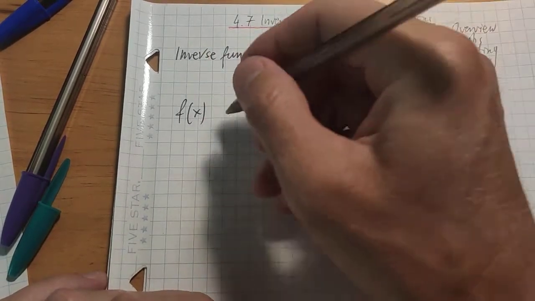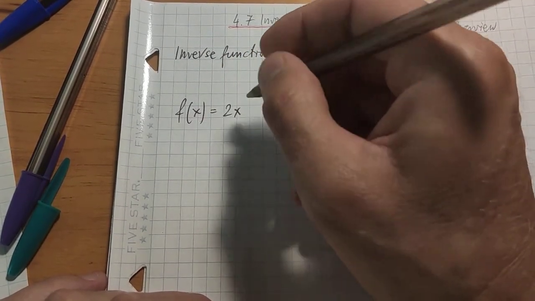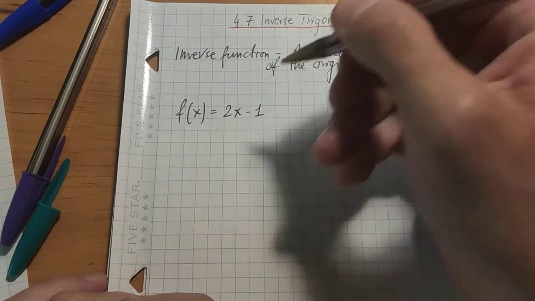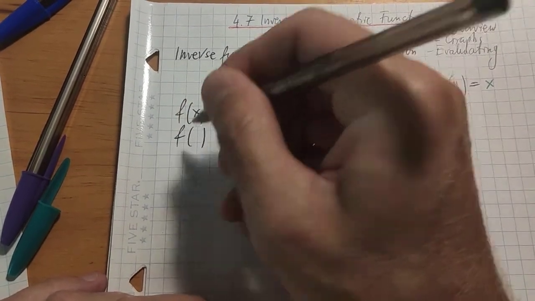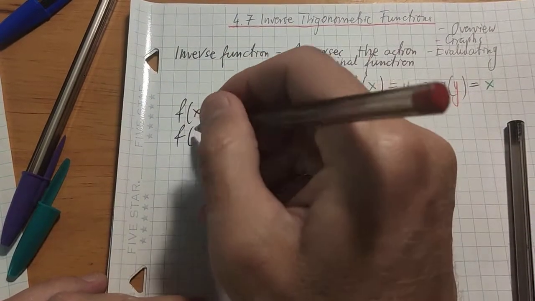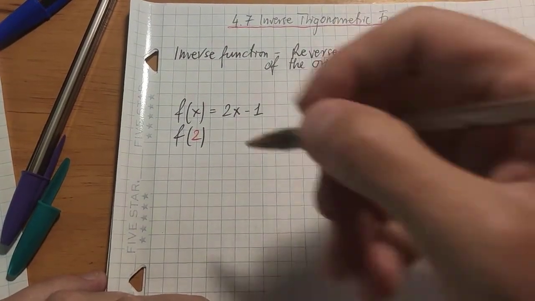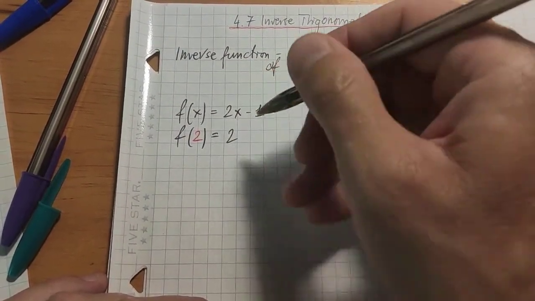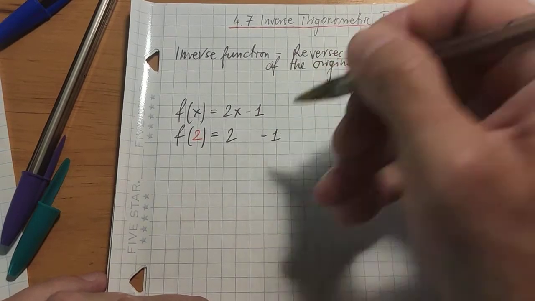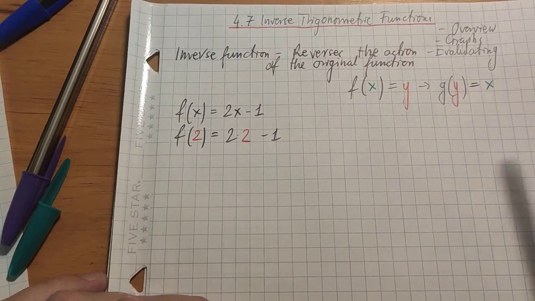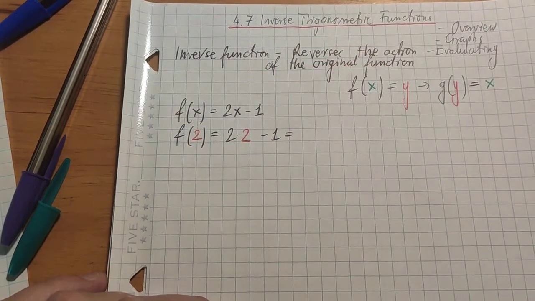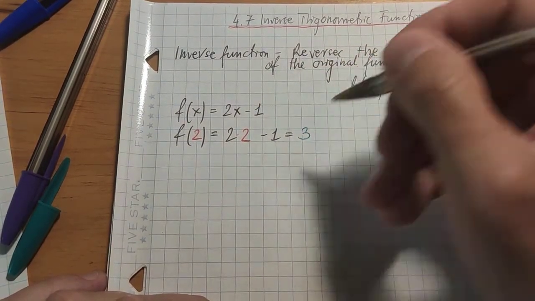So f of x, take something simple, 2x minus 1. I'll evaluate that for 2, f of 2. So I'm going to get 2 times 2 minus 1, and that will give me 4 minus 1, 3.